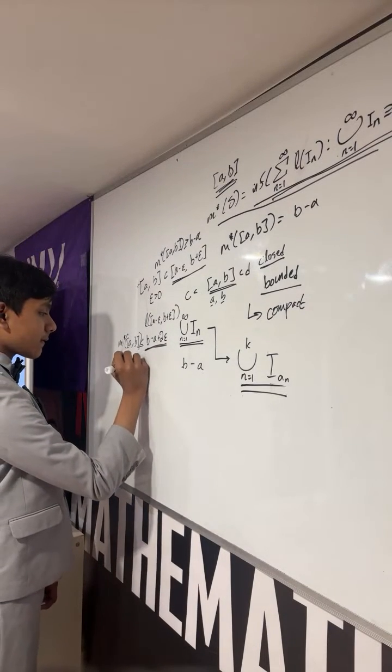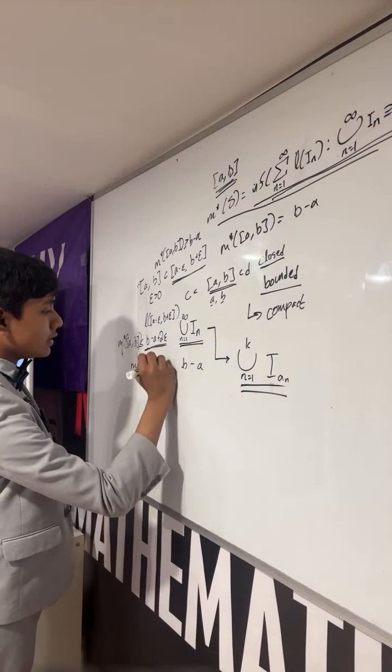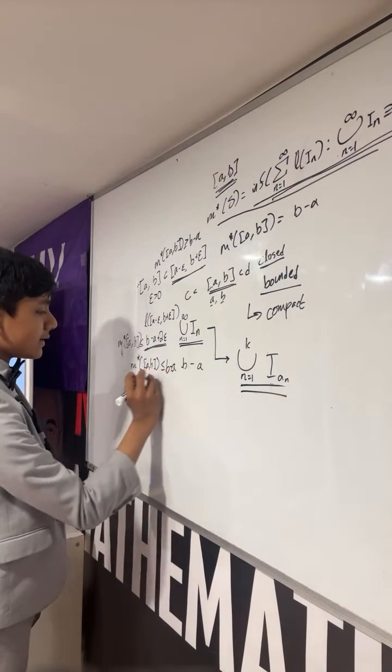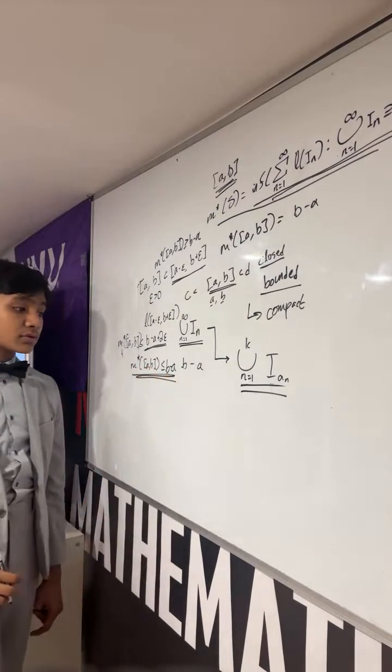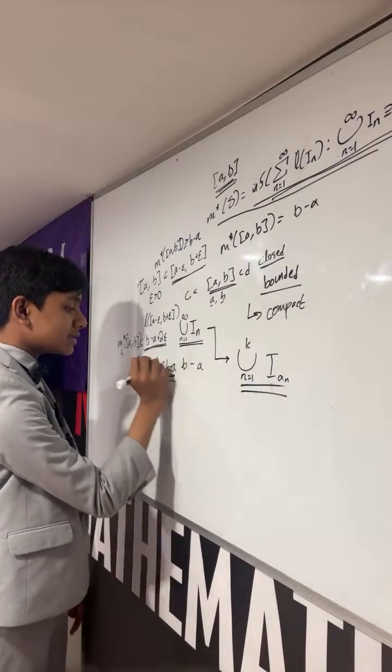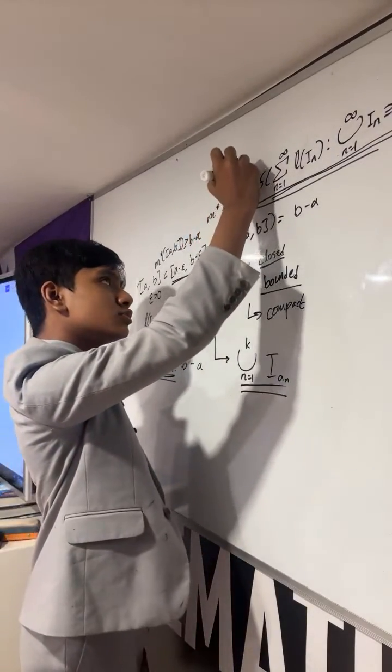Hence, this is less than or equal to b minus a. Now, of course, why am I saying less than or equal to instead of just equal to?